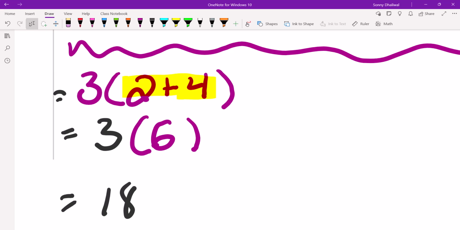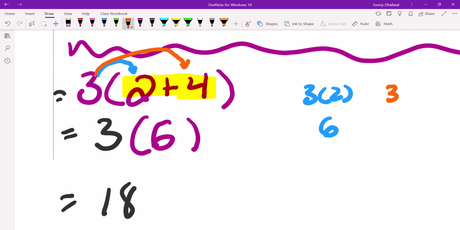I'm going to take this 3, I'm going to multiply it to this 2. And I get 3 times 2, and I get 6. Then I'm going to take this 3, I'm going to multiply it to whatever else is in the bracket. And I get 3 times positive 4, and I get 12. And this is positive 12, so I'm going to write down plus 12. Then I go, oh, 6 plus 12, I get 18. The same number.